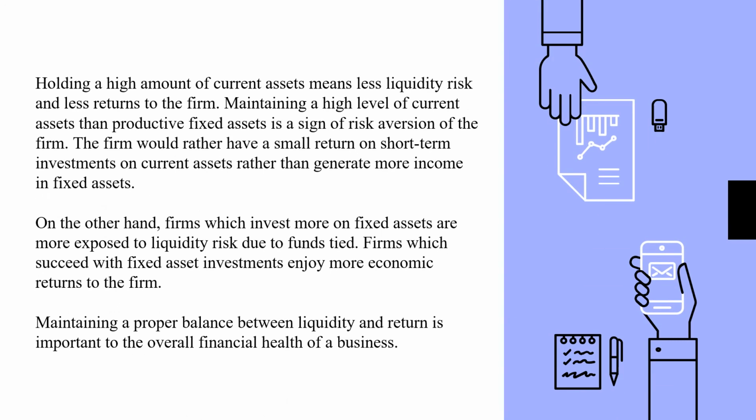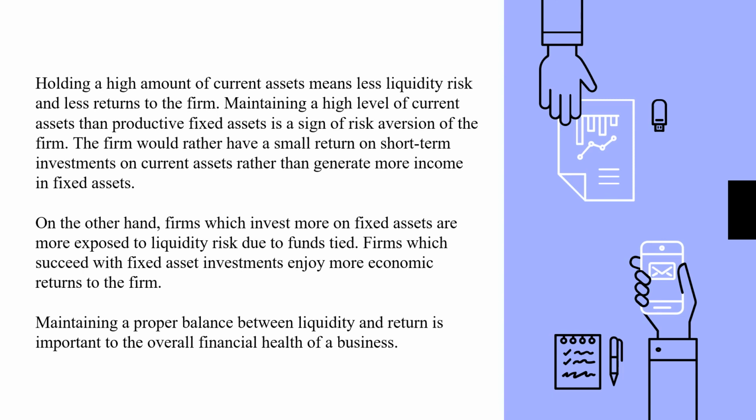So holding a high amount of current assets means less liquidity risk and less returns to the firm. Maintaining a high level of current assets than productive fixed assets is a sign of risk aversion of the firm. The firm would rather have a small return on short-term investments on current assets rather than generate more income in fixed assets.